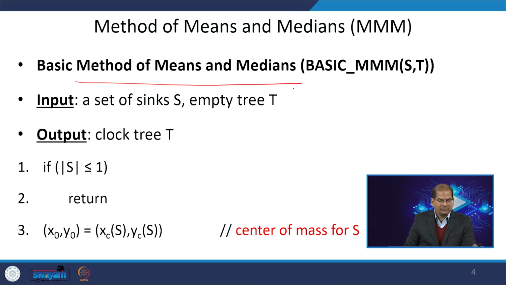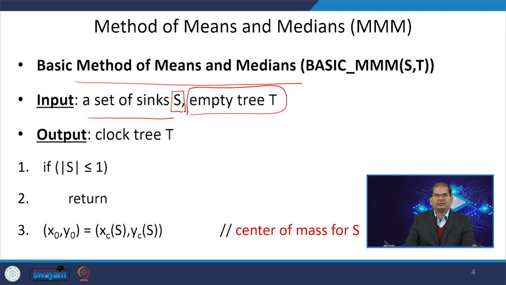First of all, we will see what is input to the algorithm and what is coming out of the algorithm. The input to the algorithm is a set of sink nodes that is denoted by S. The sink nodes, as I told earlier, are the flip flops and latches in the design. Then we have an empty tree, which has no element.